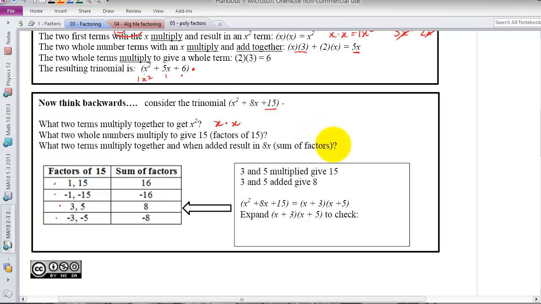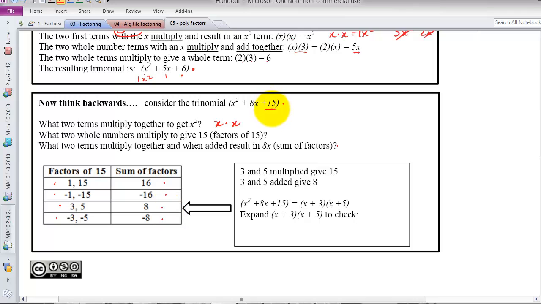And then the third thing we're going to think about is when we add the two terms of the binomial together, which ones will add up to 8? If we have 1 and 15, they would add up to 16. If we had negative 1 and negative 15, we get negative 16. If we had 3 and 5, we'd have 8. If we had negative 3 and negative 5, we'd have negative 8.